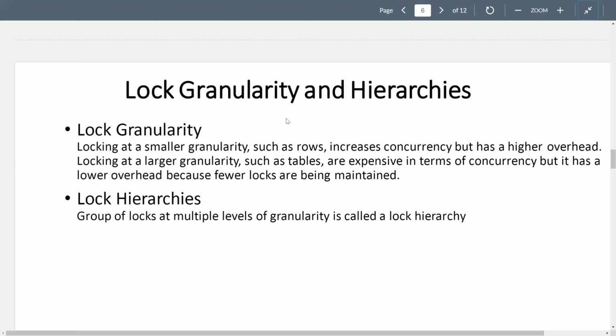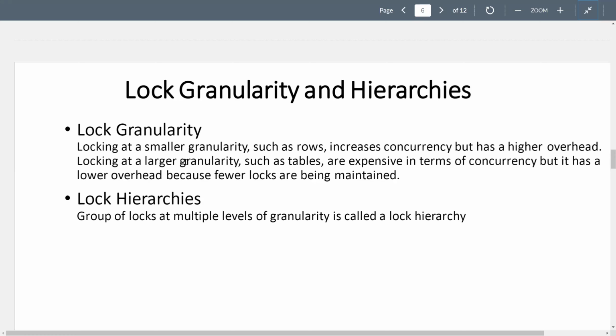So usually we do a lock escalation, or we try to lock up data in larger granularity. Larger granularities will decrease the maintenance overhead. So in a database environment on a database server, usually we have locks at different levels.